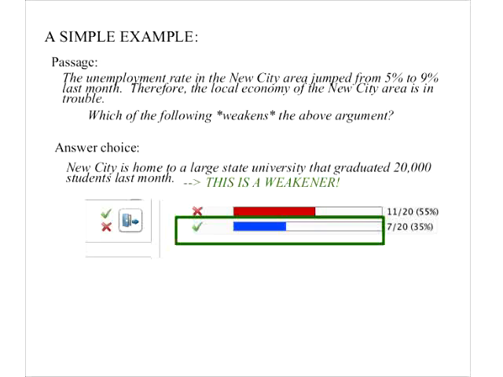The story is that this choice, here's the mechanism by which this weakens the argument. The argument says that there's a fact. The fact is that there's an increase in unemployment.